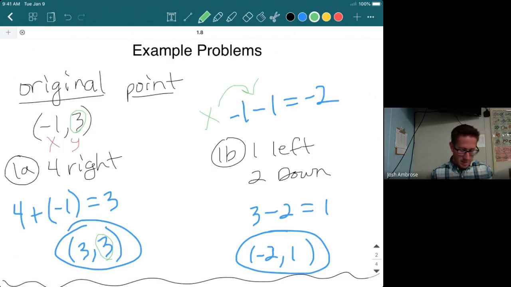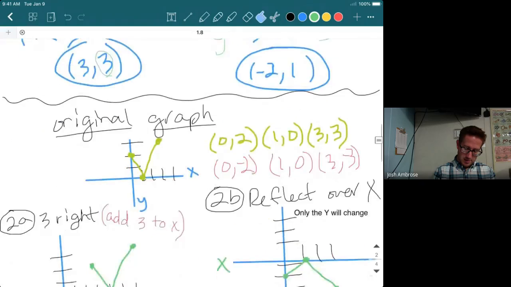Okay, and the y is happening right here. So we have an original -1x. We subtract 1, we get -2. That's going to be our new x value. We have an original +3 for y, but we subtract 2, giving us a brand new y value of +1. Okay. All right. Let's move in here.